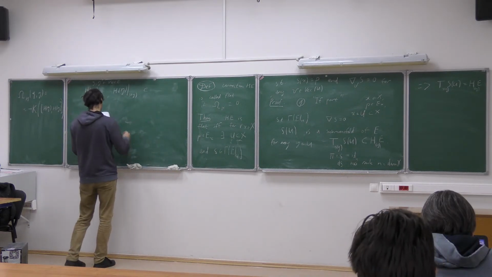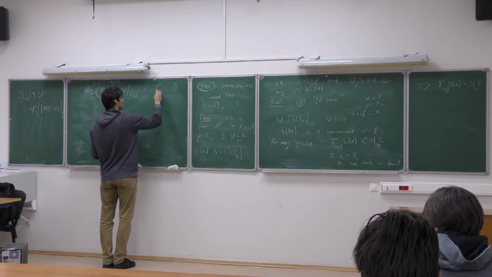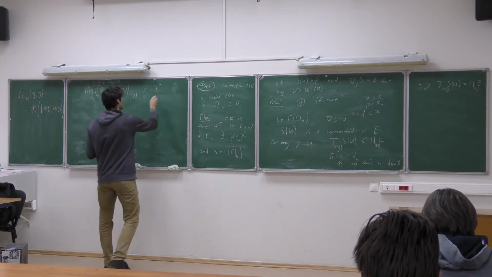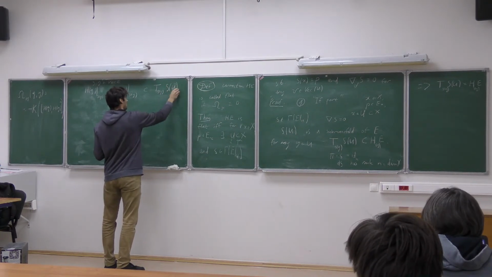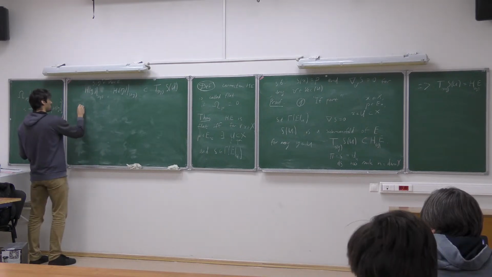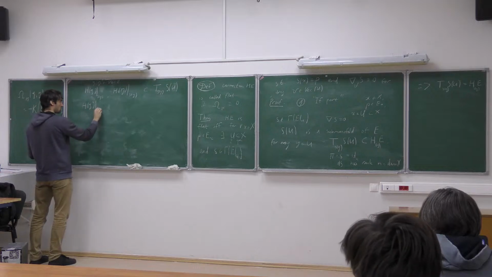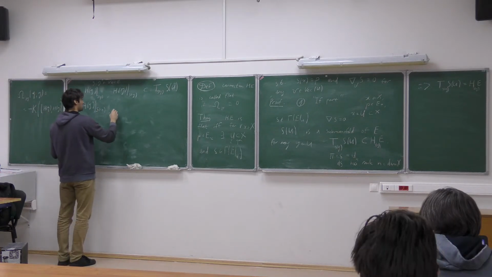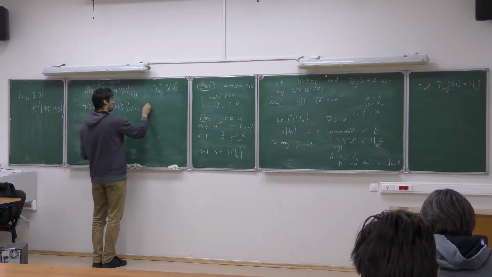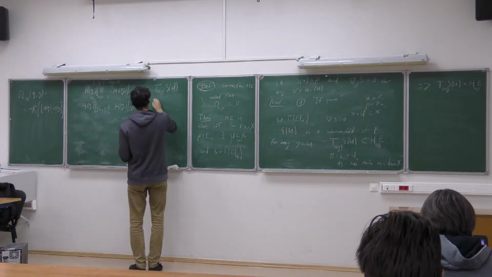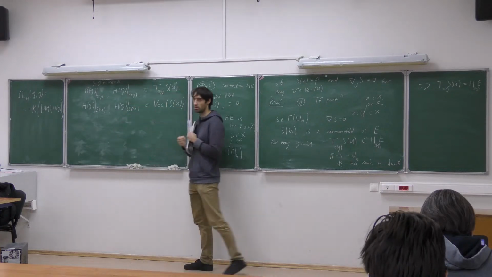So actually, let me write it like this: T S of Y of S of U. So therefore, it means that if I take these things and restrict them to the submanifold S of U, they belong to vector fields of S of U. So this gives me vector fields on my submanifold.